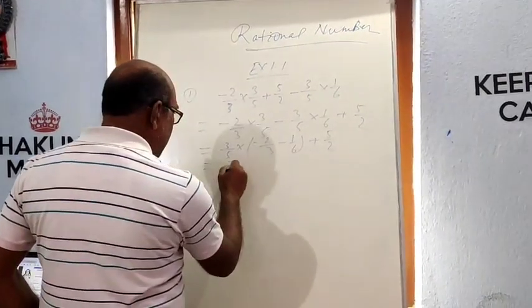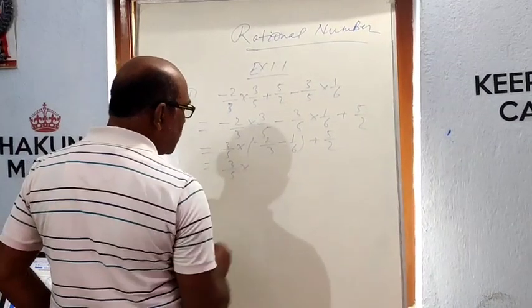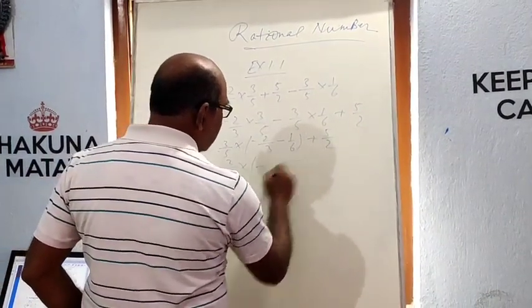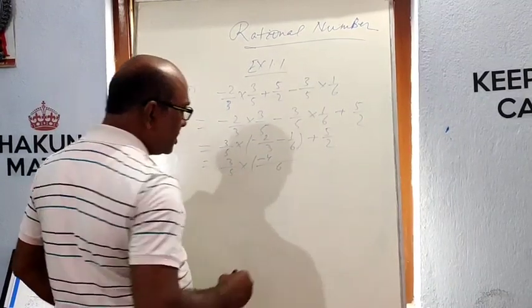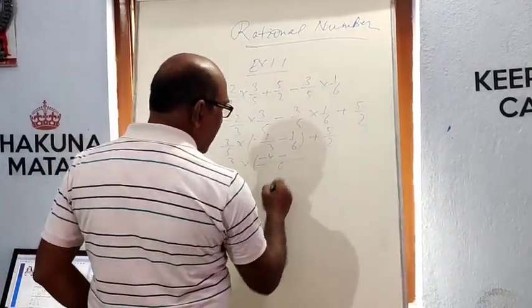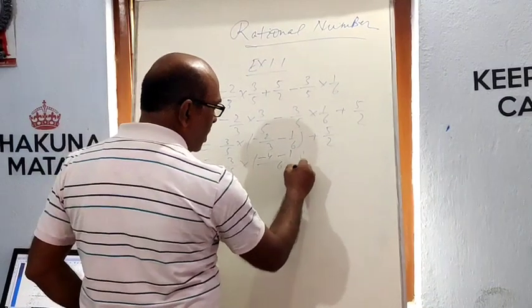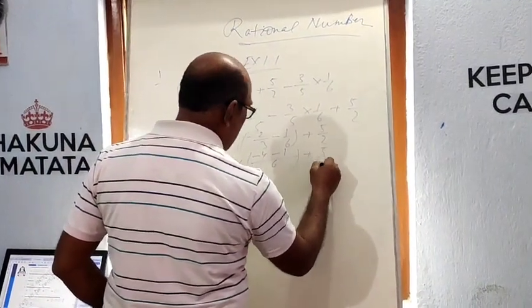Now 3 by 5 into, the LCM of 3 and 6 is 6. 3 twos are 6, there is minus 4, and minus 6, 1 one is 6. Therefore 1 one is 1. And this is 5 by 2.